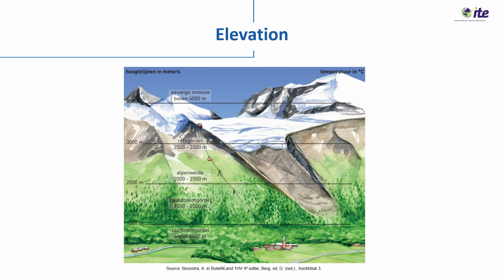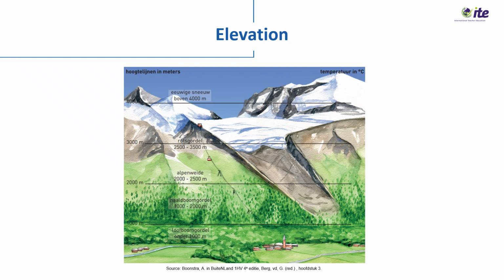Elevation. We know that the higher you climb on a mountain, the colder it gets. You can also see that in the vegetation of these mountains. For example, here below you see deciduous forest, and so on, all the way up to the eternal snow where nothing else grows anymore. So the higher you get, the colder it gets.